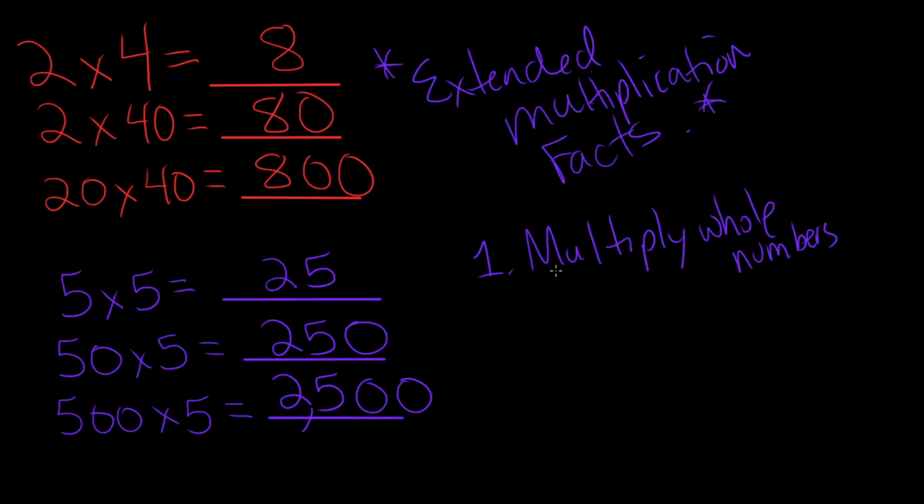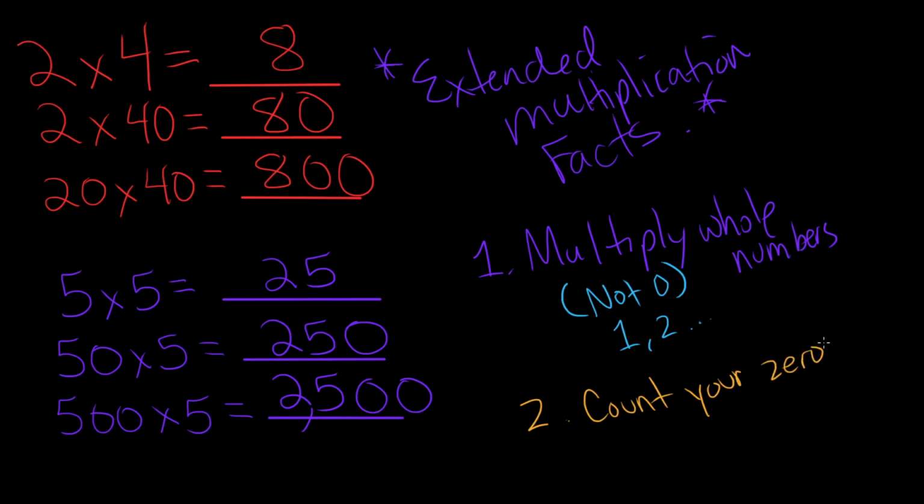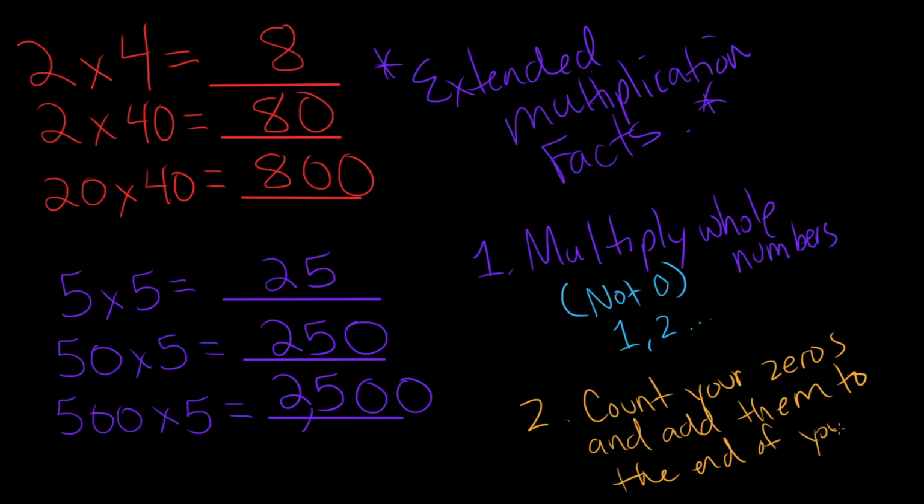Let's make sure when we're talking, just so we are clear, not 0. So we're talking about numbers 1, 2, dot, dot, dot. Step number 2, count your zeros and add them to the end of your product.